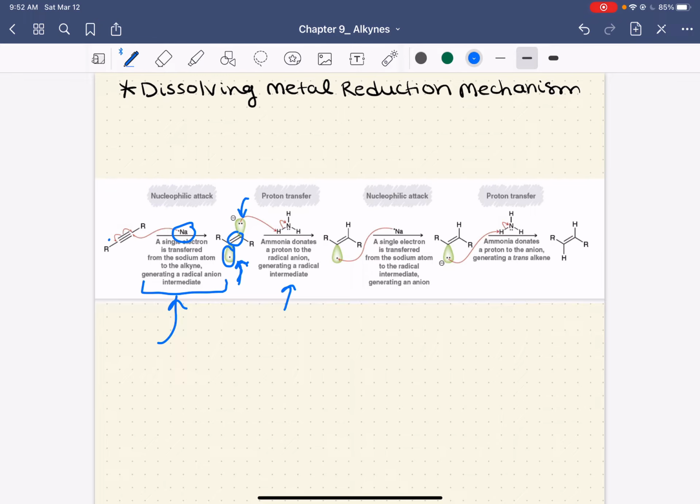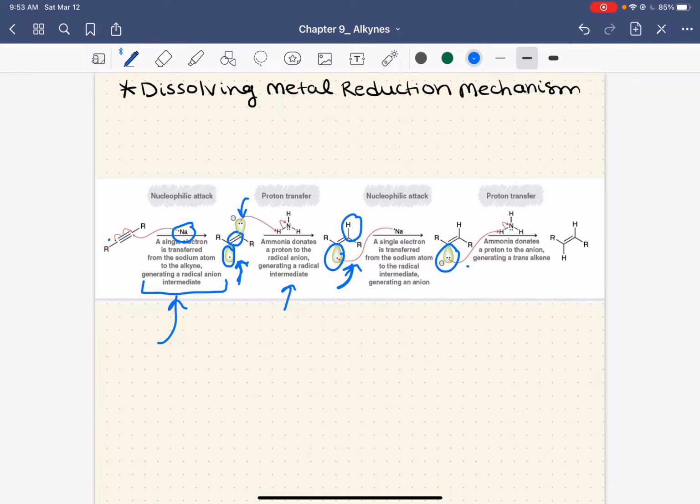Now ammonia donates a proton to this radical anion. It generates, again, a radical intermediate. Now you have a hydrogen on one side of the double bond, but you still have that one lonely electron on the other side. So we're going to treat it again, where a single electron is transferred from a sodium atom to this radical intermediate so that we can generate this anion, a lone pair with a negative charge on one side of the double bond.